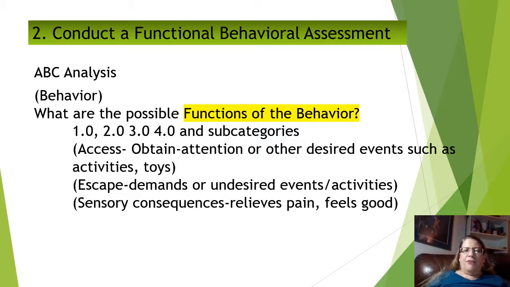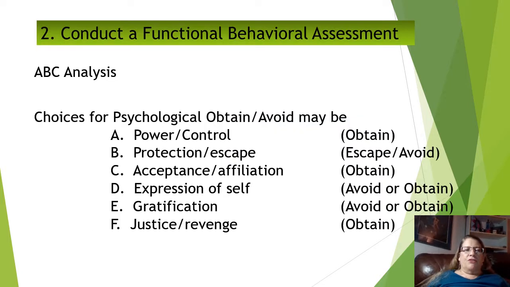So in your behavioral analysis, your ABC, the function starts to come into play right now, at the B part. So be sure that you're not only describing the behavior, but you're describing which function.